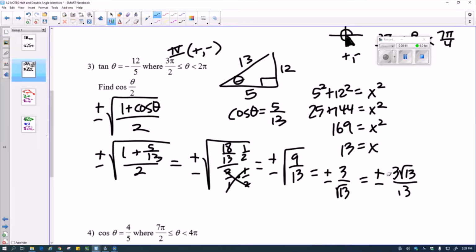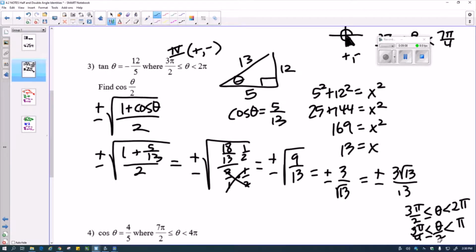Last thing I have to do is pick that sign. Again, I go from the original, but I cut it in half. So originally 3 pi over 2 is less than or equal to theta, which is less than 2 pi. But I'm interested in theta over 2, so I'll cut everything in half.